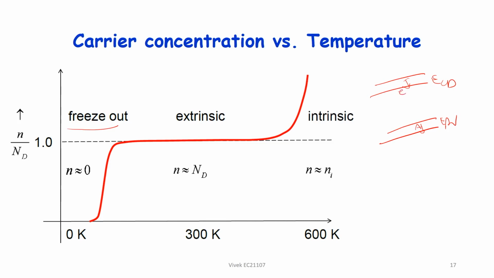So this is called carrier freeze out. That means all the donors are not ionized, so Nd is not equal to Nd plus, or Na is not equal to Na minus. So the number of carriers will be less.